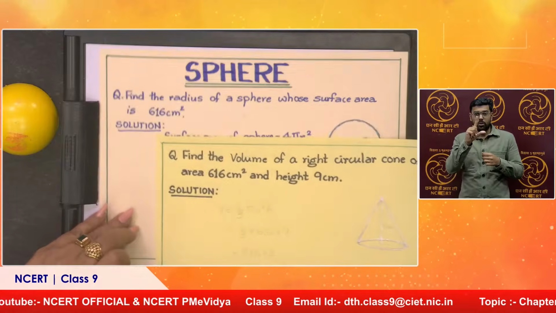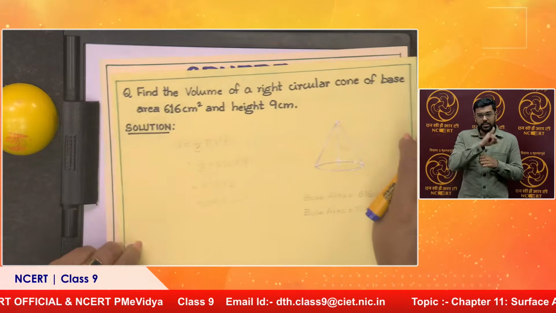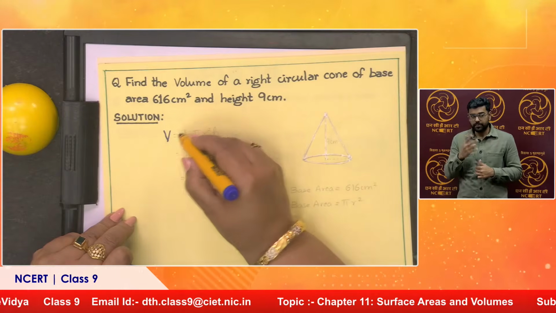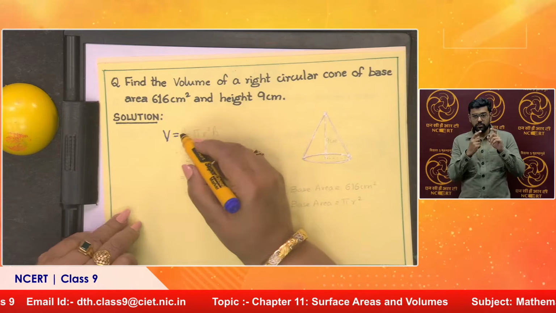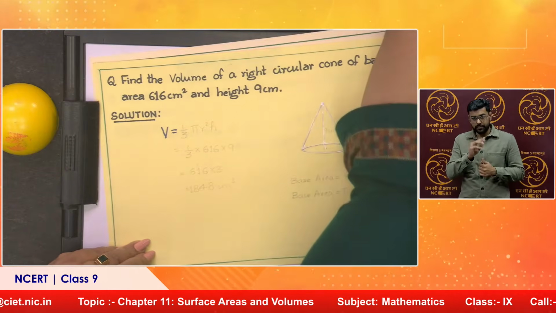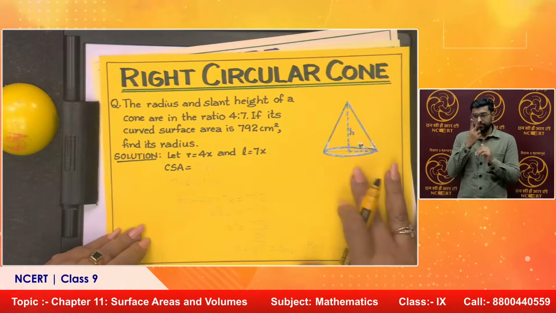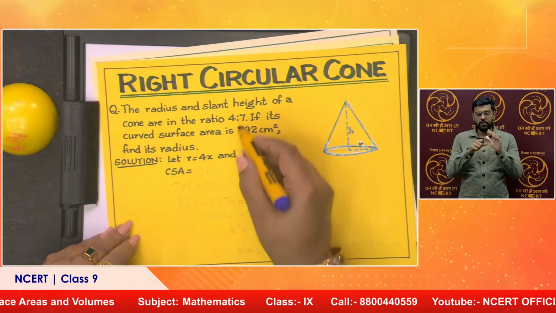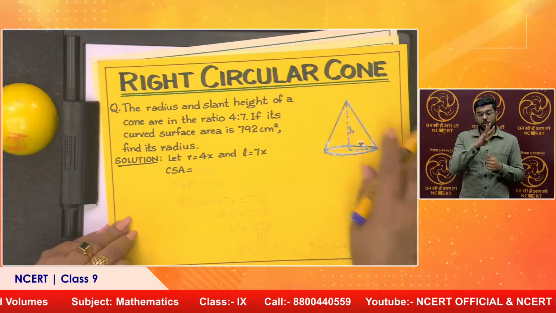Now, the volume of a right circular cone is how much? I think I will solve in this. Right circular cone. We have the radius and slant height in the ratio 4:7. So, what is the radius?